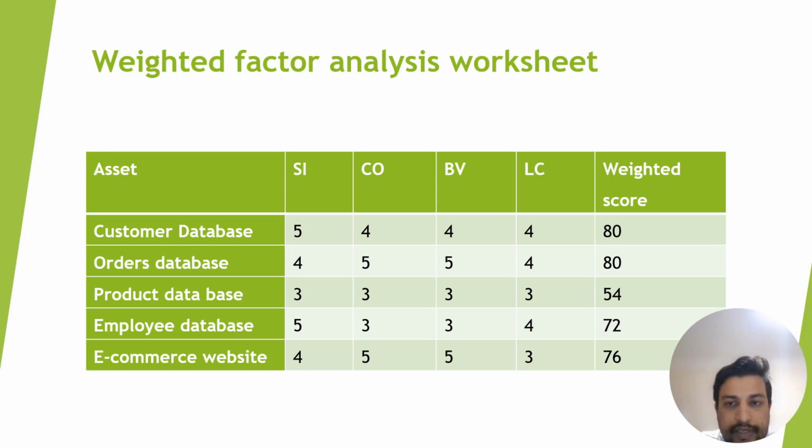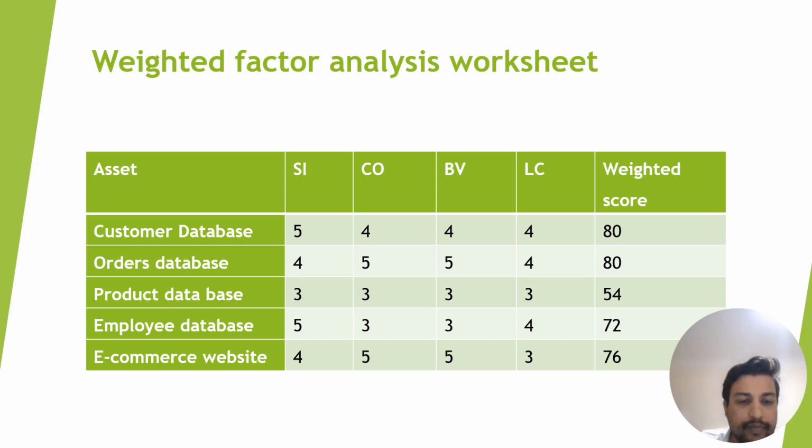As you can see, the weighted scores here for customer database is 80, and order database is 80 as well, whereas product database is 54 and employee database is 72, and the e-commerce website is 76.